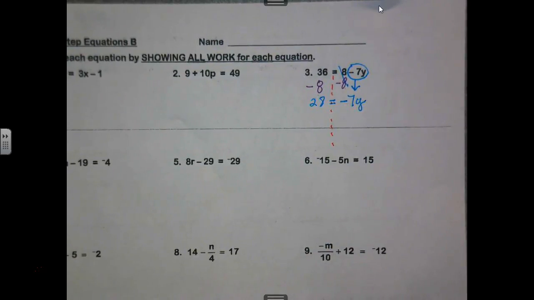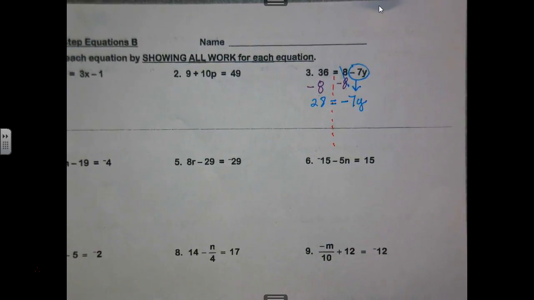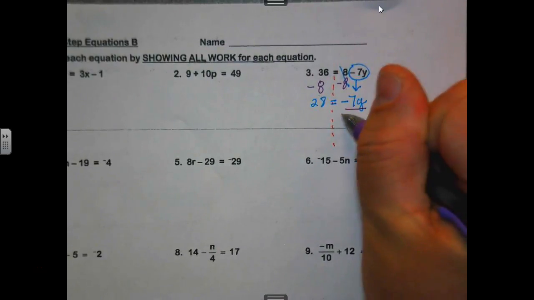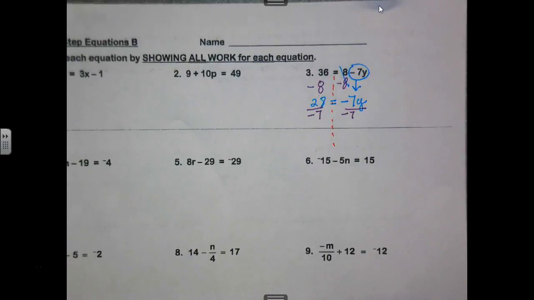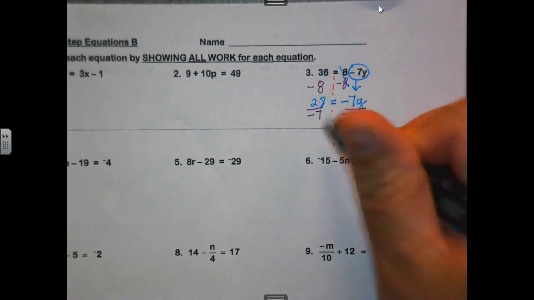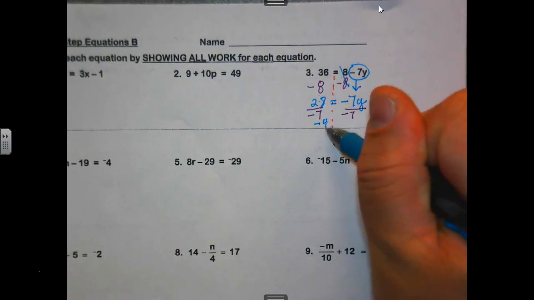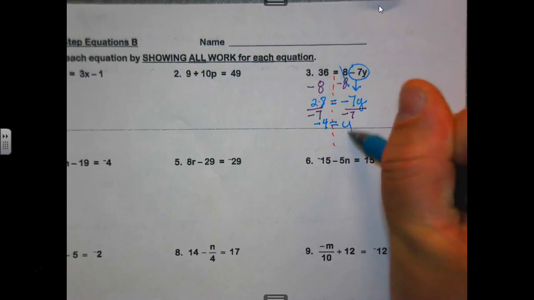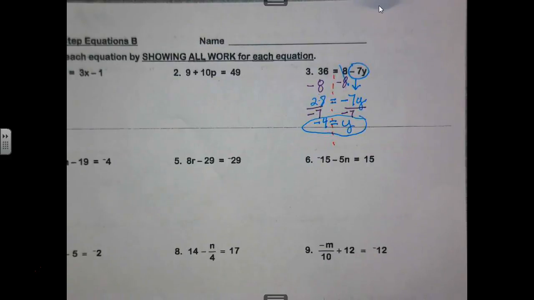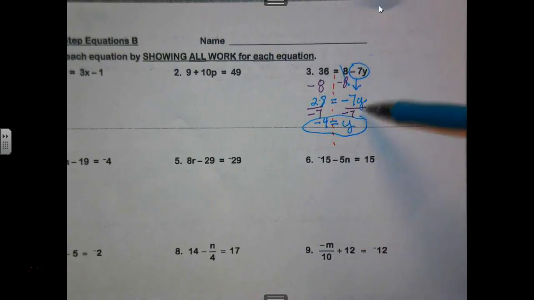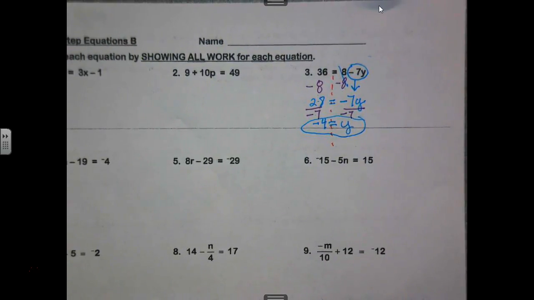And then I'm going to divide both sides by the coefficient, negative 7. And I get 28 divided by negative 7, negative 4 equals y. Like I said, we've done problems like this just the other day, last week.